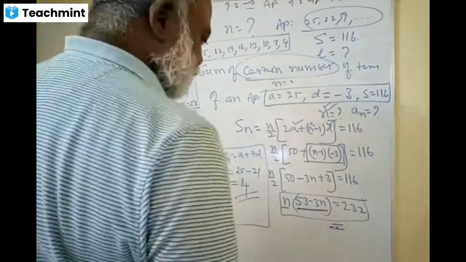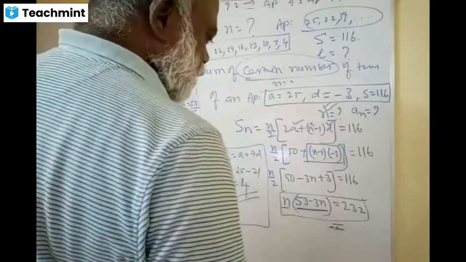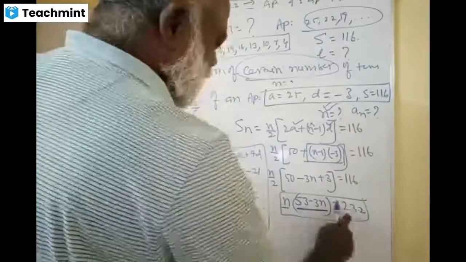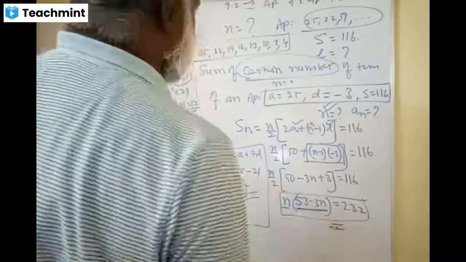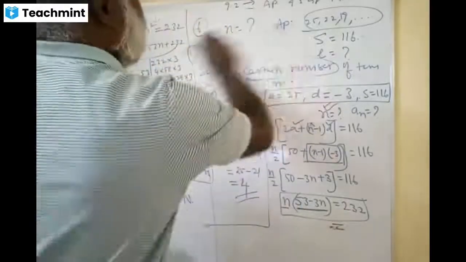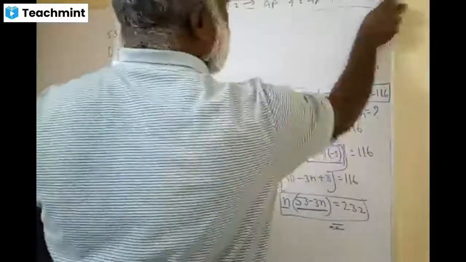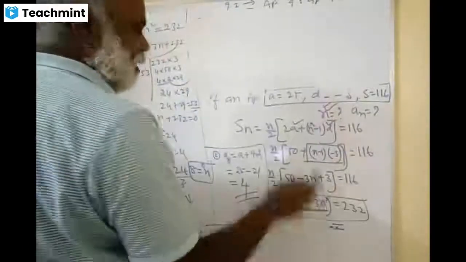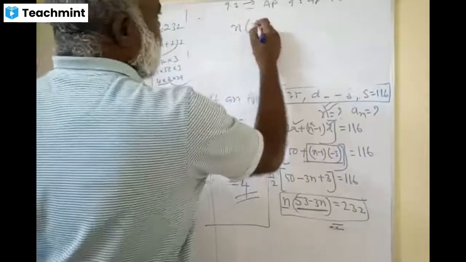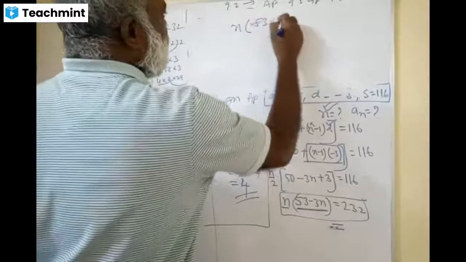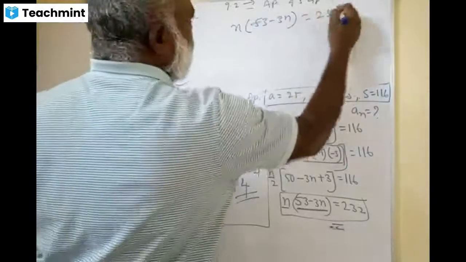Okay. So here now you start factorizing at n and 53 minus 3n. I'll do that. It's very interesting. You asked, so I have to tell you properly. n into (53 minus 3n) is equal to 232.